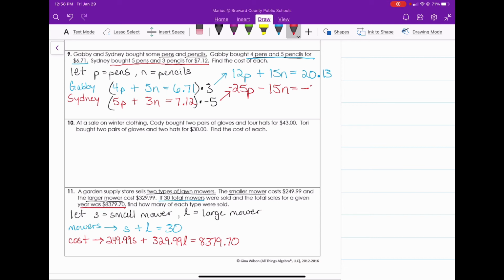So it's going to be negative 35.60. Now that our n terms are opposites, we can go ahead and add to eliminate.